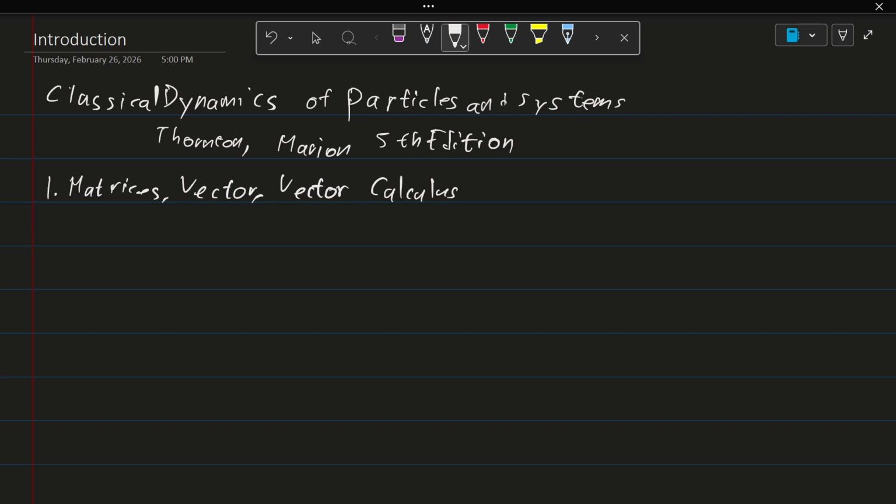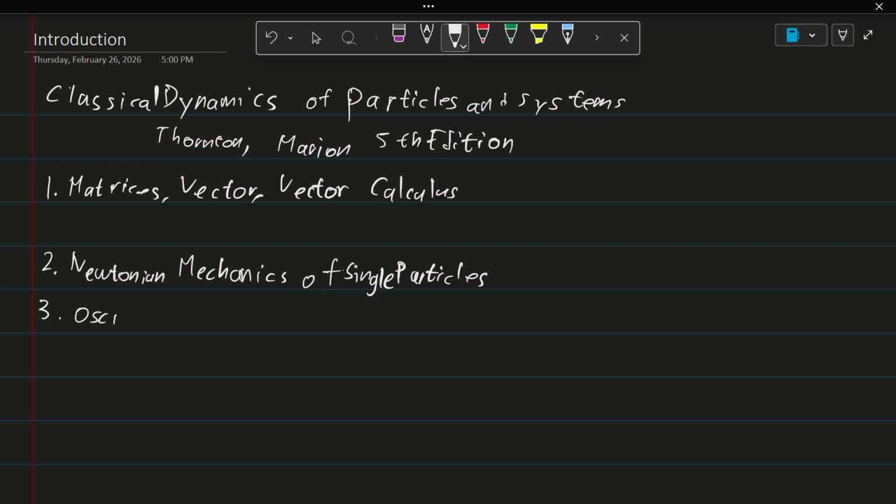After that, we'll be discussing Newtonian mechanics. Newtonian mechanics is the thing that we normally use throughout General Physics 1. Here we'll be focusing on single particles, but later on we'll be developing the idea for multiple particles. After that, we'll be discussing a very special movement, which we call oscillation.